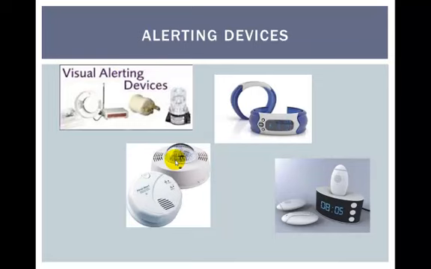Alerting devices are another type of assistive technology. Some of the things you're seeing here are smoke alarms. So when the smoke alarm goes off, a deaf individual may not hear the alarm, but they have lights that flash. This can also be connected to baby monitors, right? A hearing impaired or a deaf mother. When the baby is crying or talking through a baby monitor, there can be an alerting device.